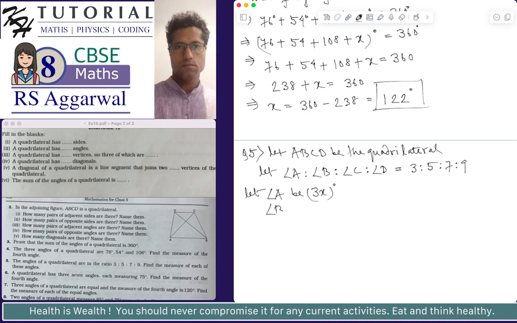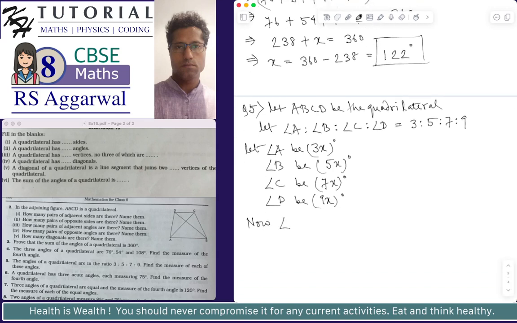Since we are assuming that the ratio 3:5:7:9 is of the angles ABCD, angle A will be 3x degree, angle B will be 5x degree, angle C be 7x degree, and angle D be 9x degree. Now we know that the sum of the angles of the quadrilateral is equal to 360 degree.